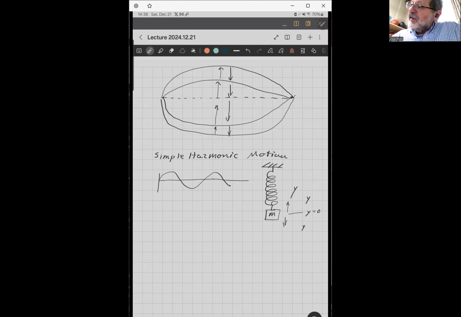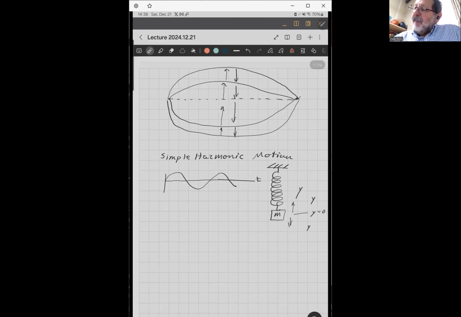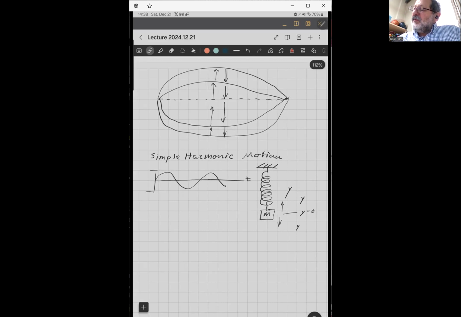And what we're plotting is its change in position and time. We would say that this thing would move up and down, sinusoidally.